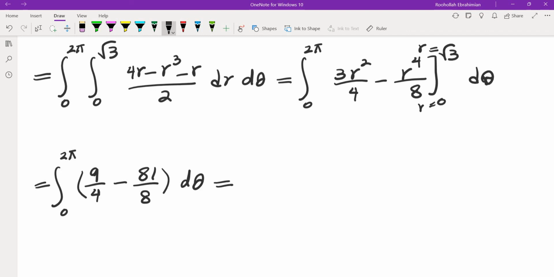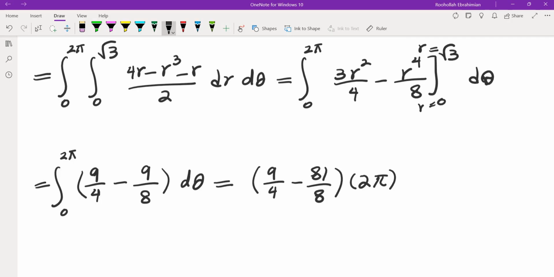And all we got to do is to multiply this by 2 pi. So we get 9 over 4 minus 81 over 8 times 2 pi. Sorry, this is actually 9 over 8, because when you square root 3, you get 3.